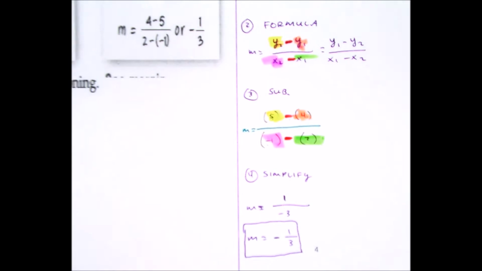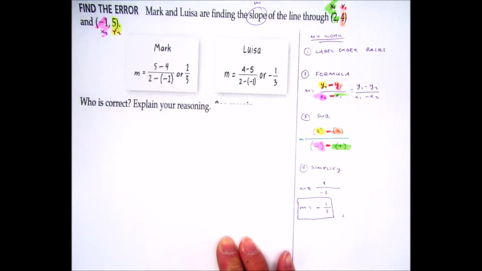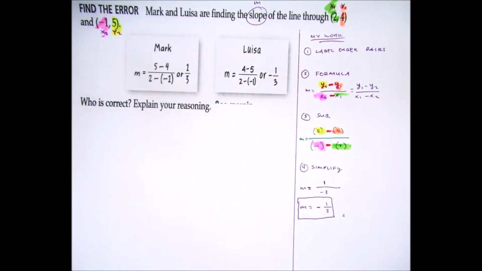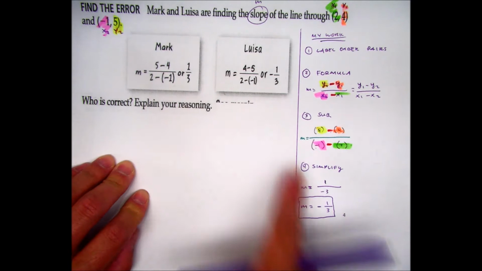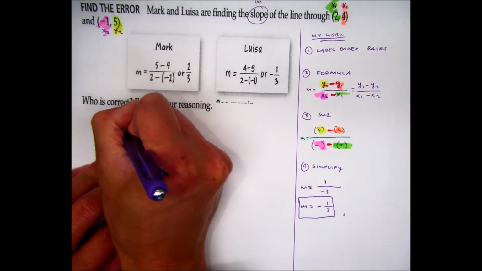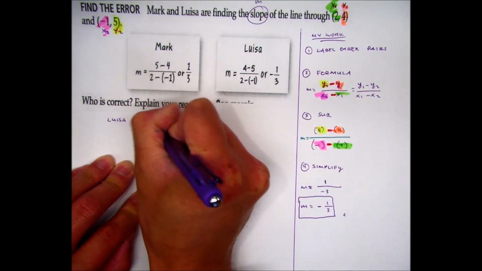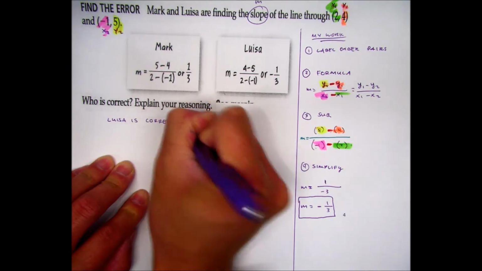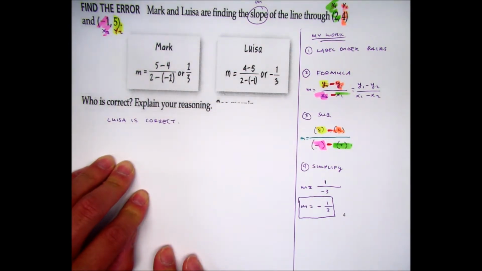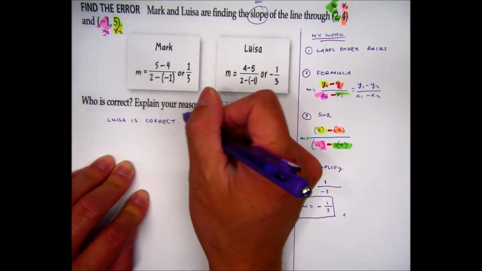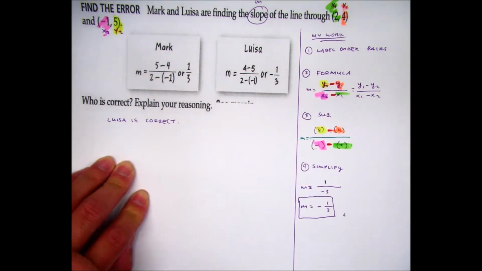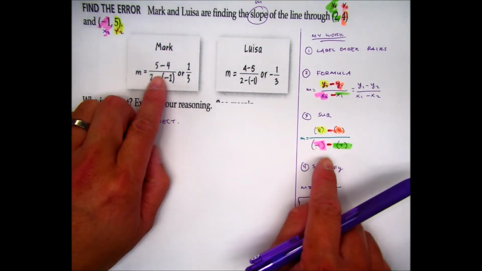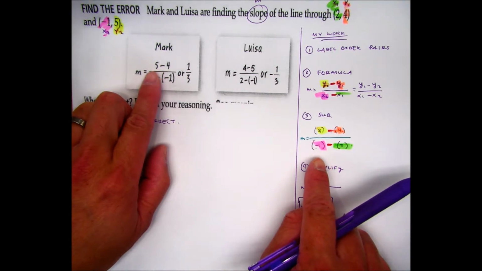Now I know what the answer is, so I can look back and explain who is correct. So I can say Louisa is correct, and I can write that Mark is incorrect. If I look at my work, luckily mine matches up with Mark's. You see this?